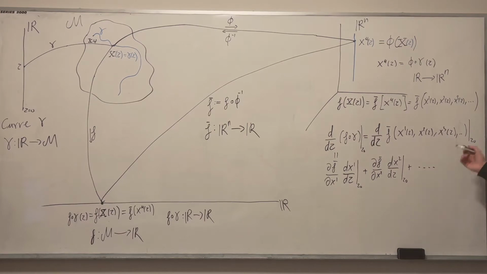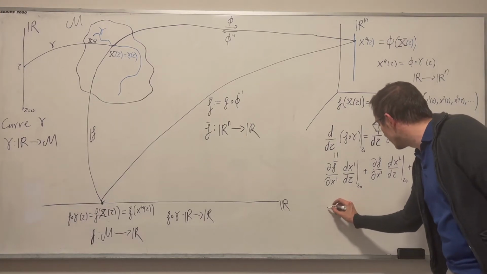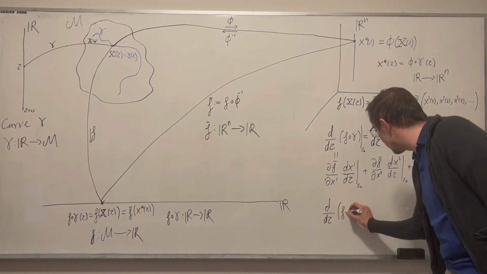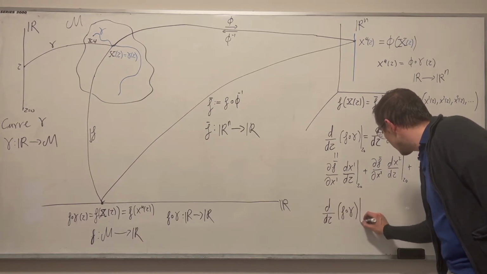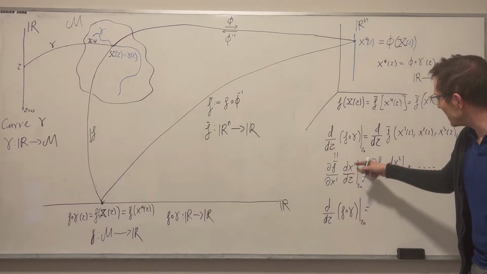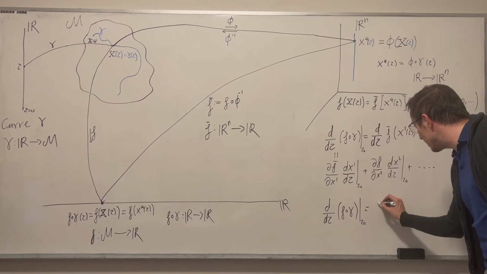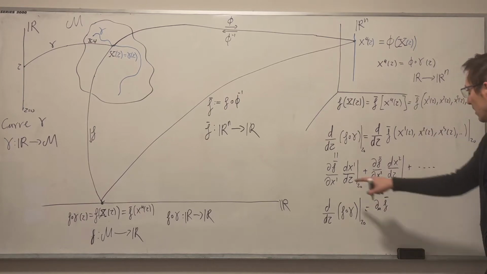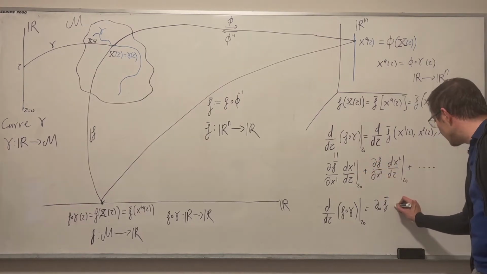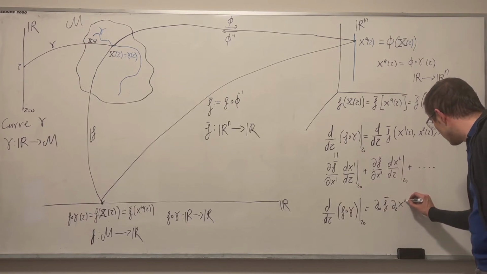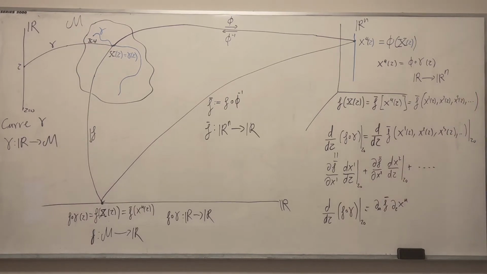In fact, we can compactly write it in index notation the following way. The derivative with respect to tau of f compound with gamma at the point tau 0 would be equal to, and I write this as an Einstein sum, you see, partial mu f bar contracted with the derivative with respect to tau of the coordinate x mu, right?